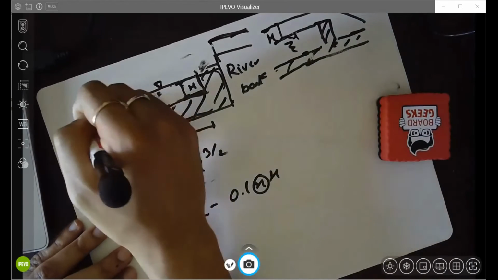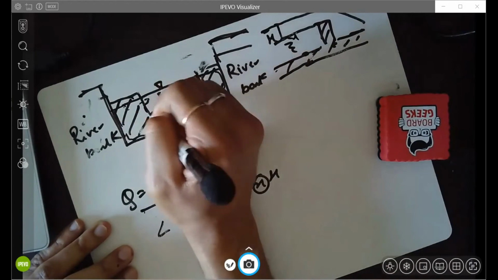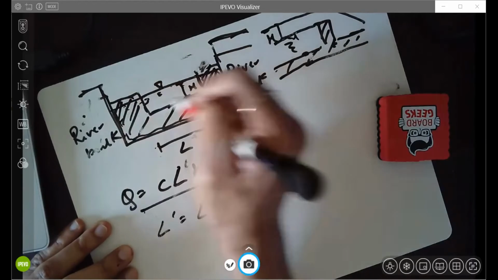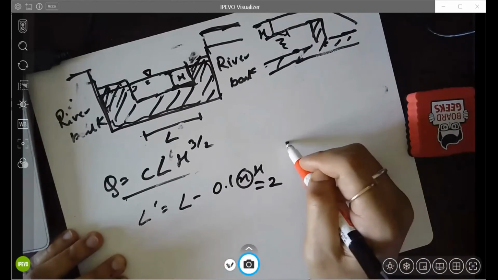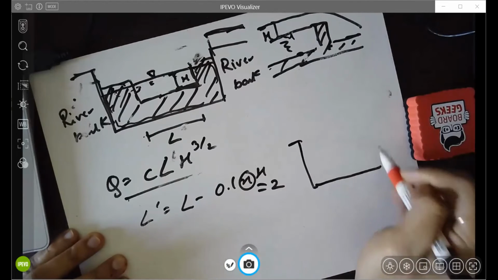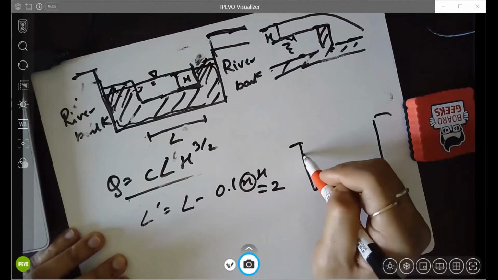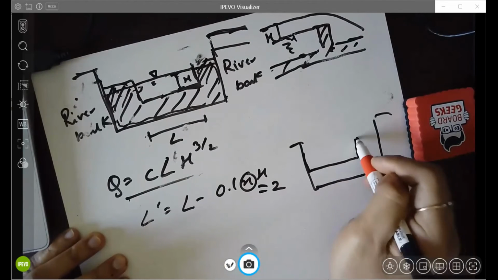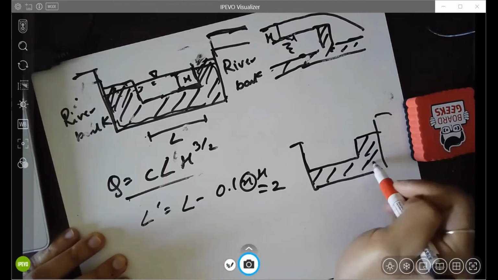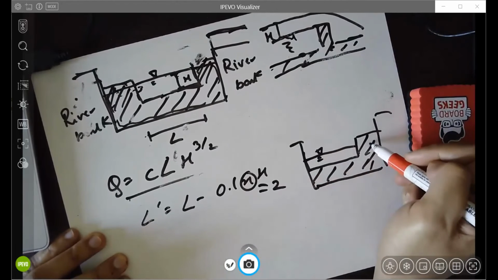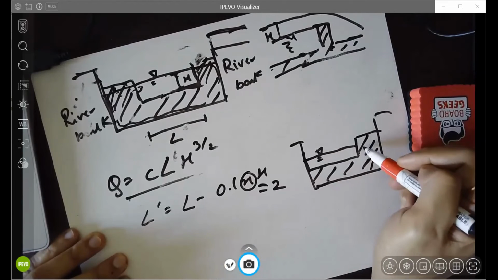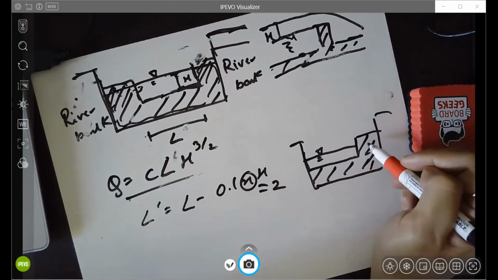So if the weir is on both sides, if these lengths are on both sides, then N is equal to 2. Suppose this is the channel and it's like this. In this case, the water is crashing on only this vertical wall, so there's just one obstruction.